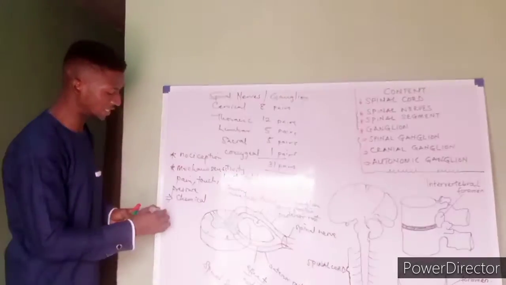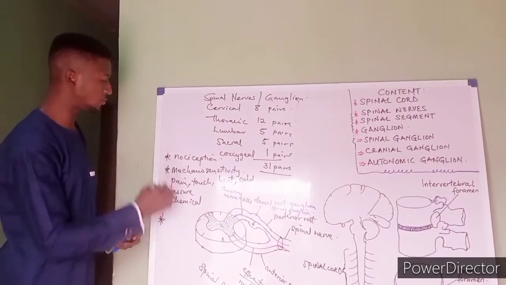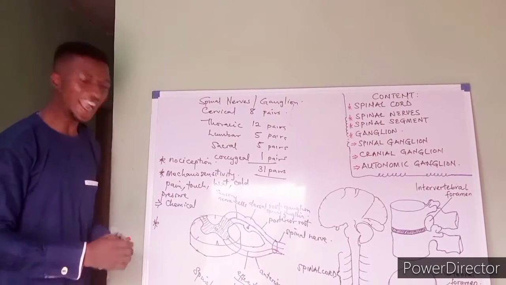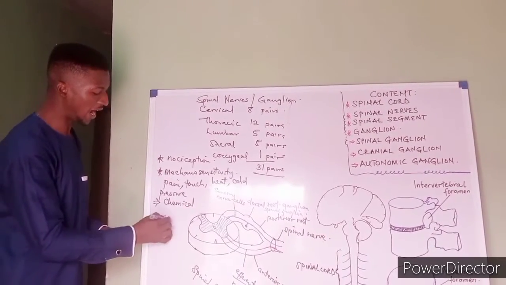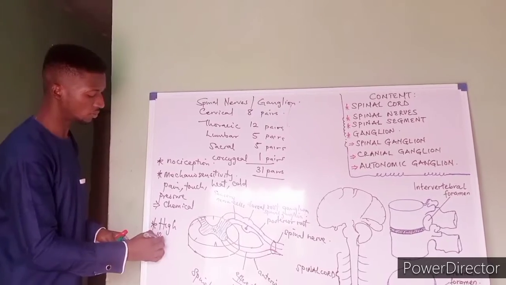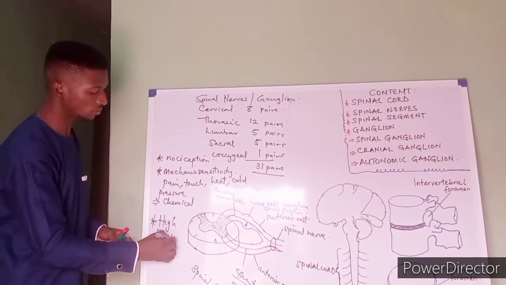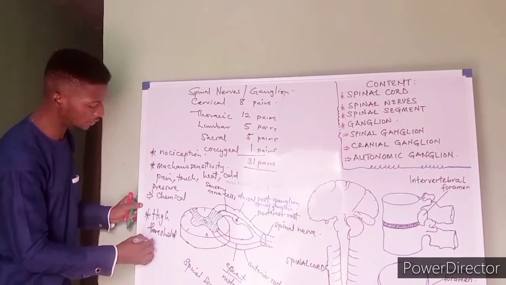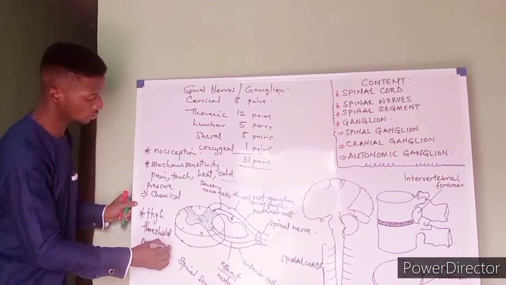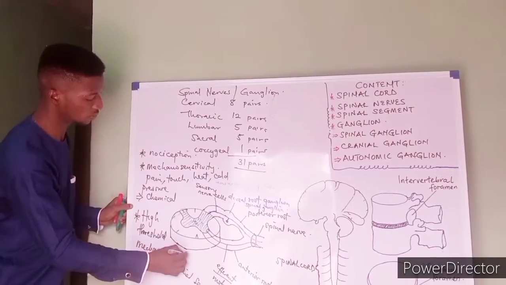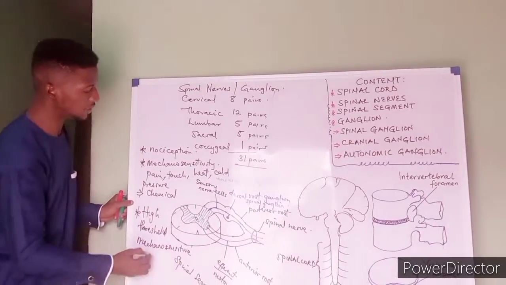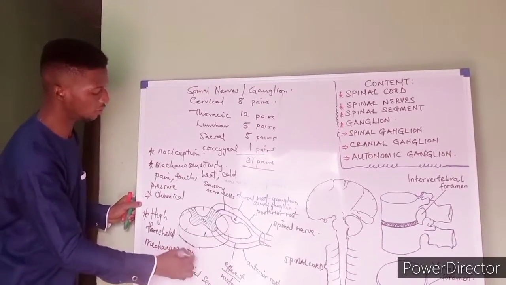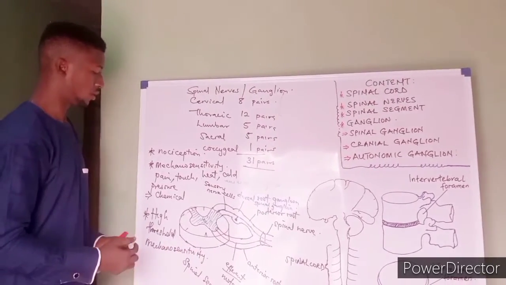So the third aspect is called the high threshold mechanosensitivity.